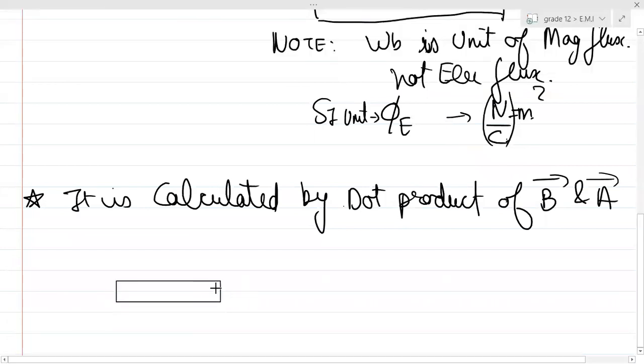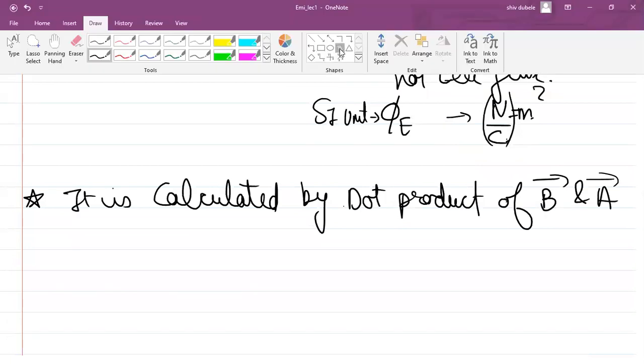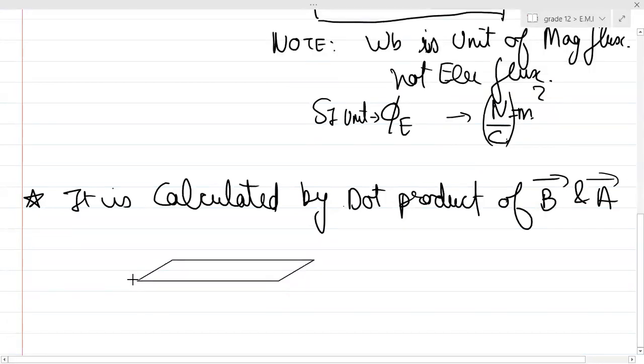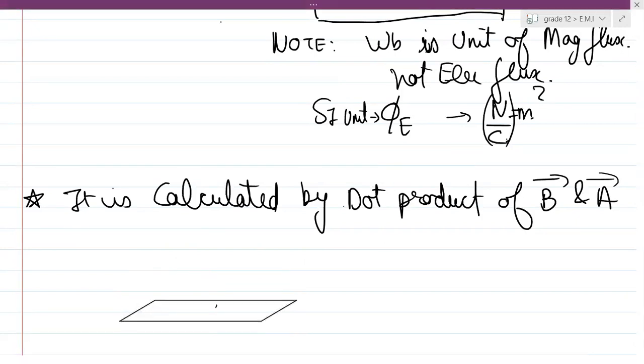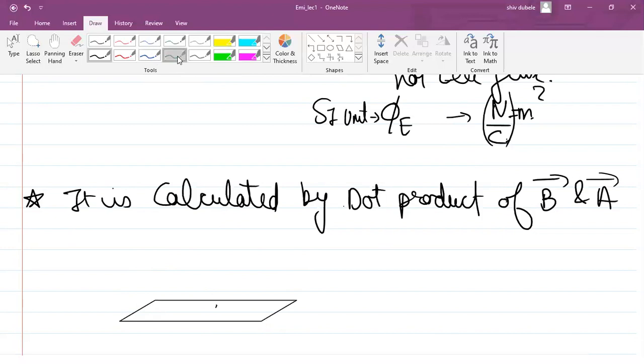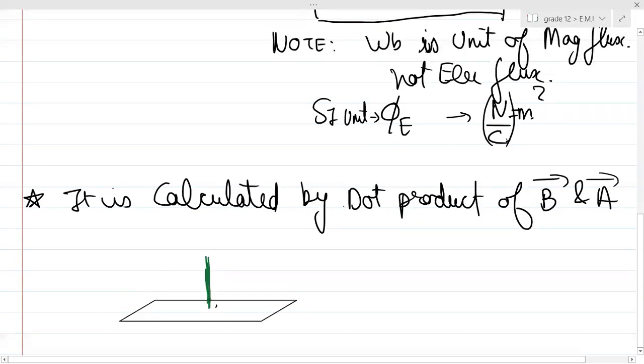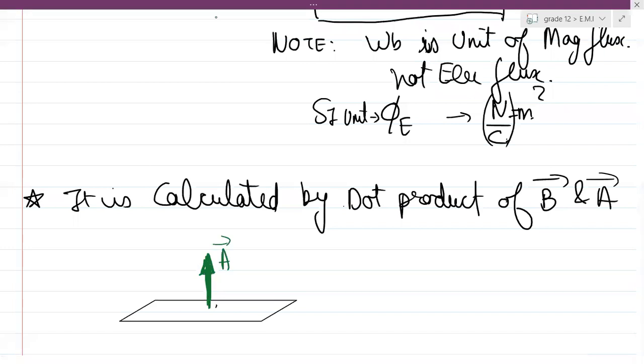Suppose you have an area like this, and can you see the area vector of this will be like this?